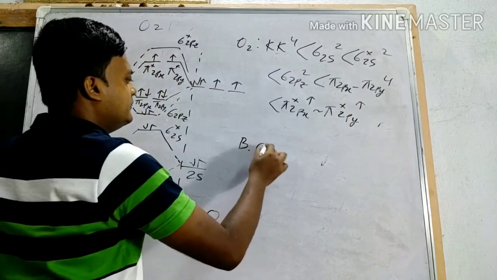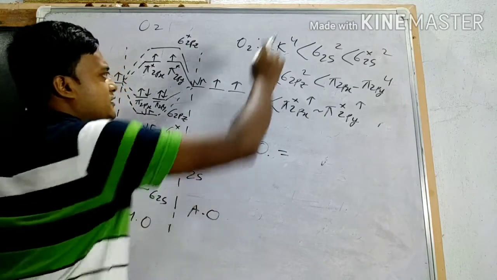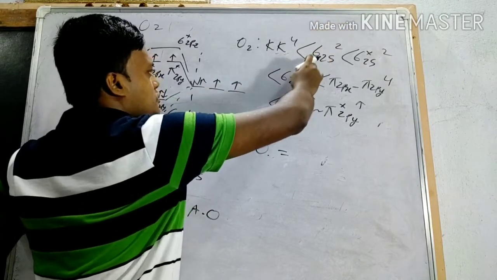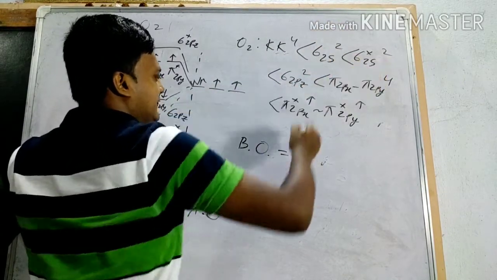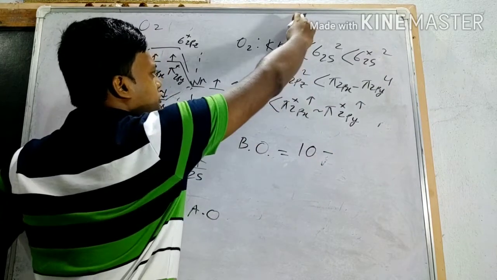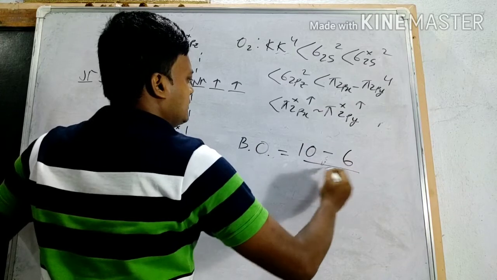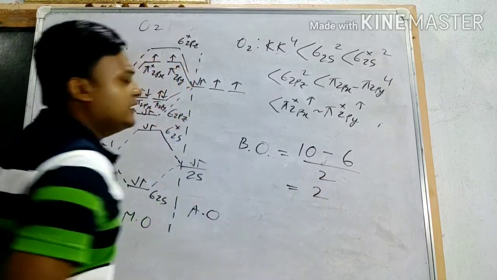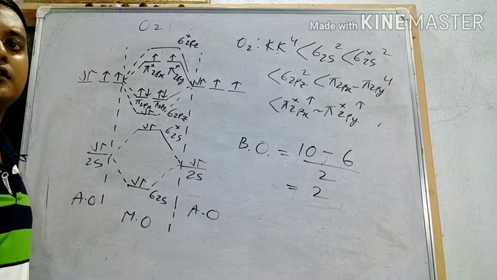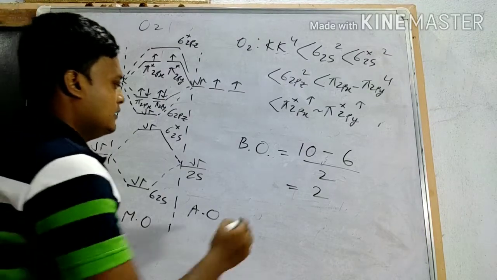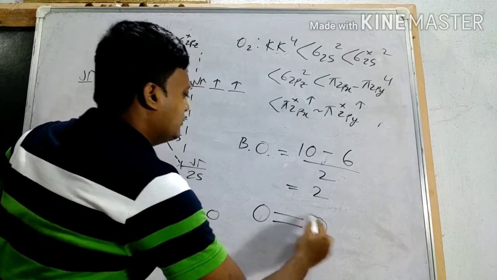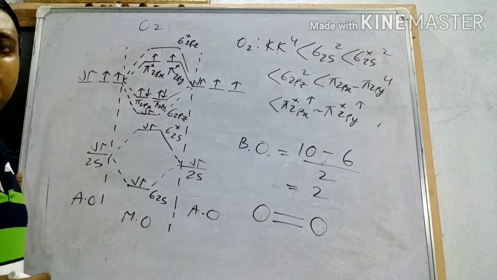So bond order, bonding electrons 2 plus 2 plus 2, 6, 6 plus 4, 10. Antibonding 2 plus 2, 4, plus 2, 6. So the bond order of oxygen is 2. That's why we see a double bond between two oxygen atoms.